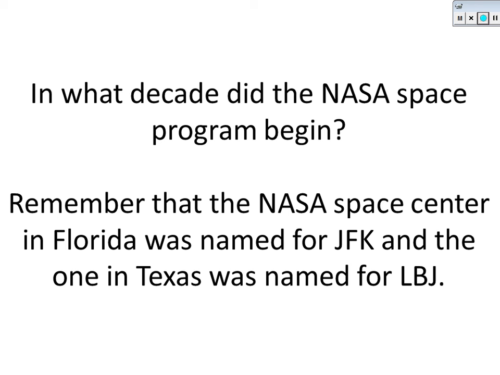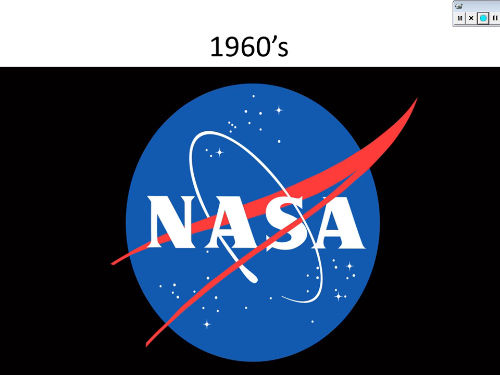In what decade did the NASA space program begin? Remember that the NASA Space Center in Florida was named for JFK, and the one in Texas is named for LBJ. 60s. JFK. Well, he was the one that led the New Frontier. We're gonna go to the moon. 1960s.